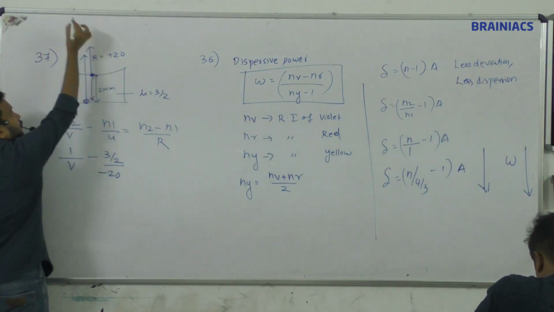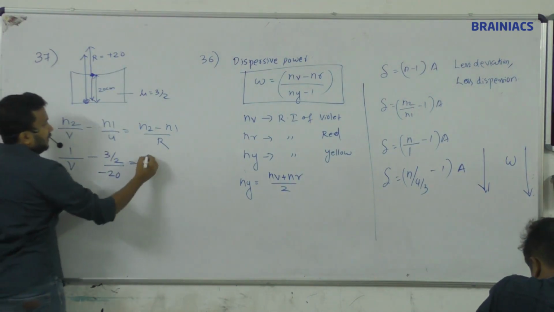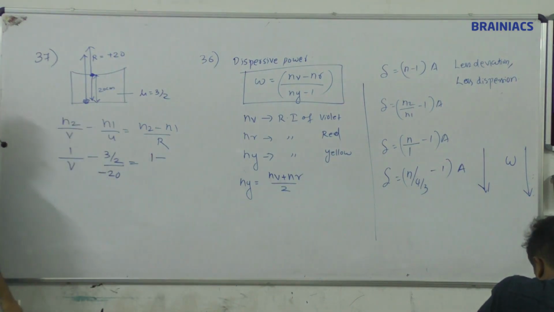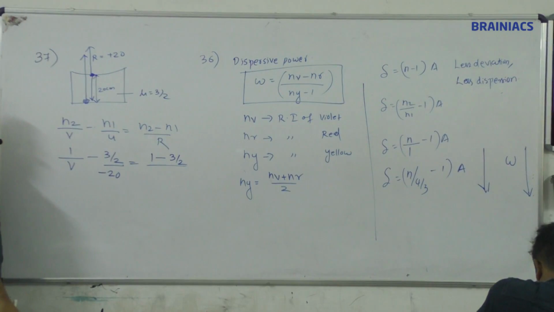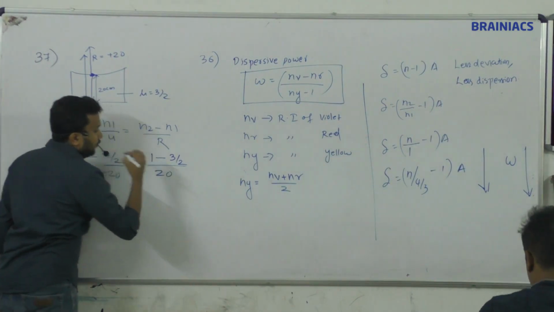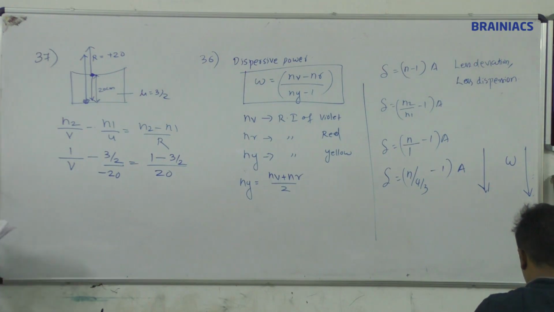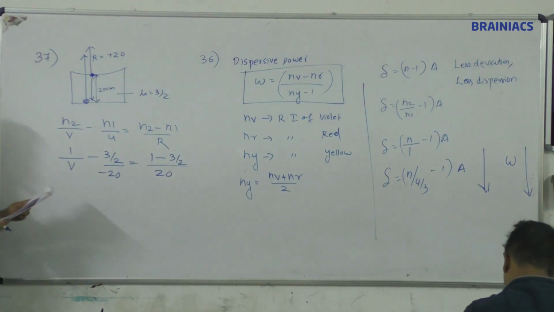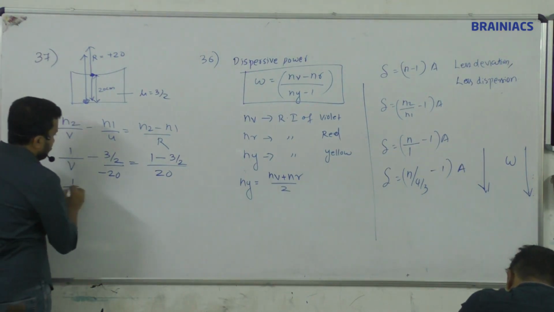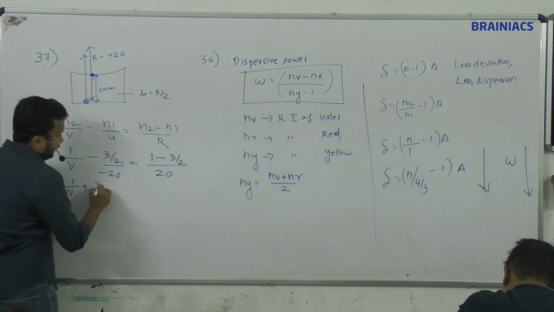Radius of curvature is measured towards upside. So N2 minus N1: N2 is 1 minus N1, N1 is 3/2, divided by the radius of curvature. Radius of curvature is how much? Plus 20. You have to find the value of V. So 1 by V plus 3/40.